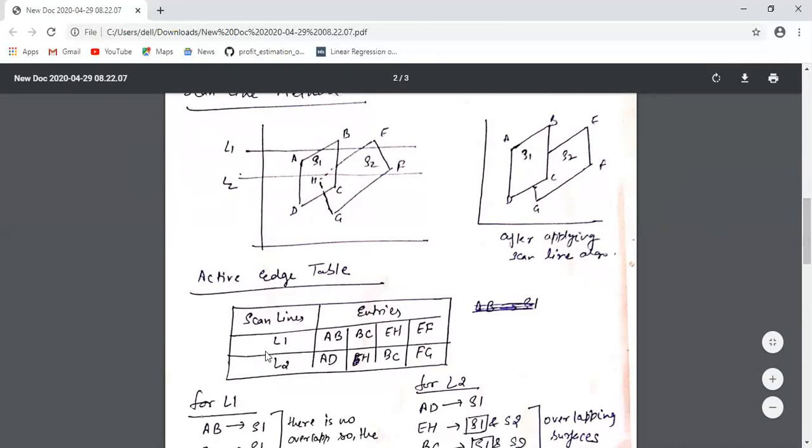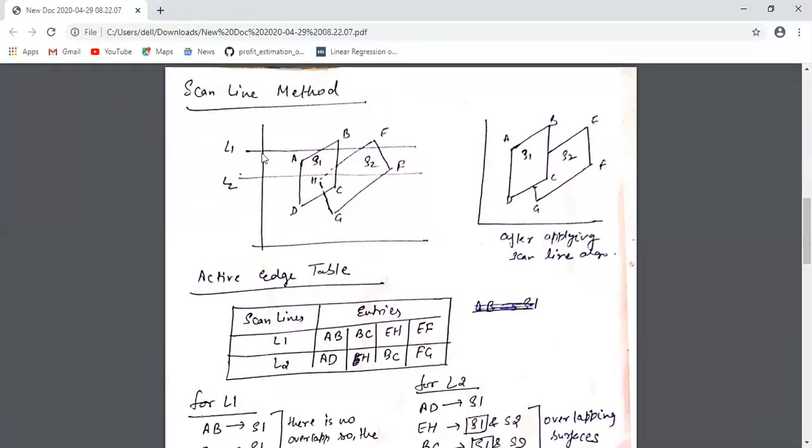Now for L1, what we are looking for is how many edges this scan line is passing through. If we check for L1, it is passing through AB, so we store AB, then BC, then EH, and then EF.